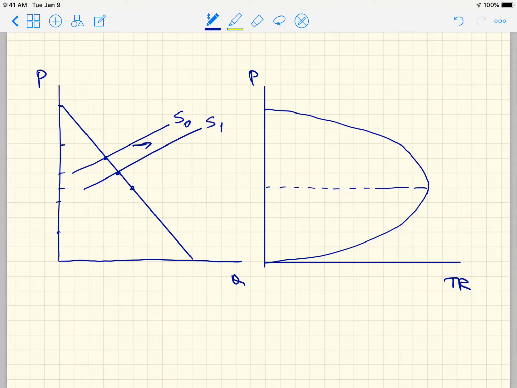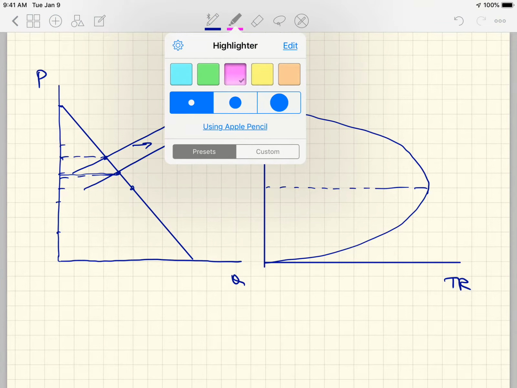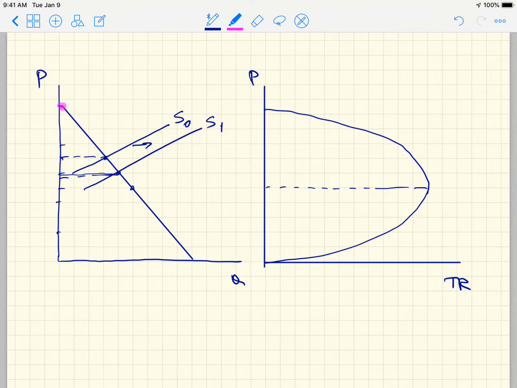Well, equilibrium price goes down, right? And if this is the case, and noticing that we happen to be at the upper half of our demand curve, where elasticity is larger than 1, so demand is elastic, we can conclude that as price goes down, total revenue in fact goes up.